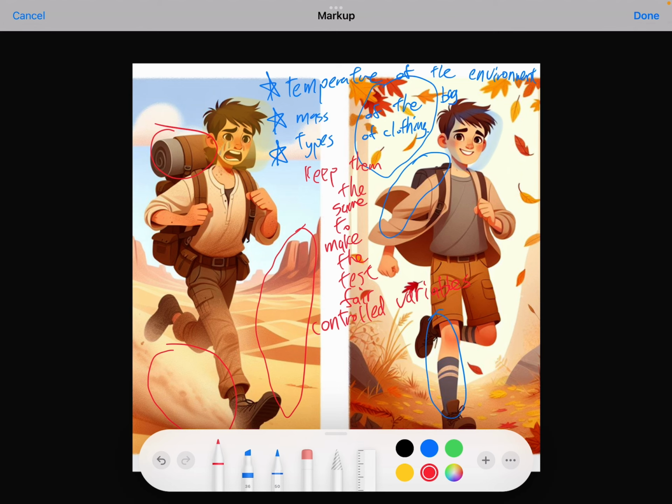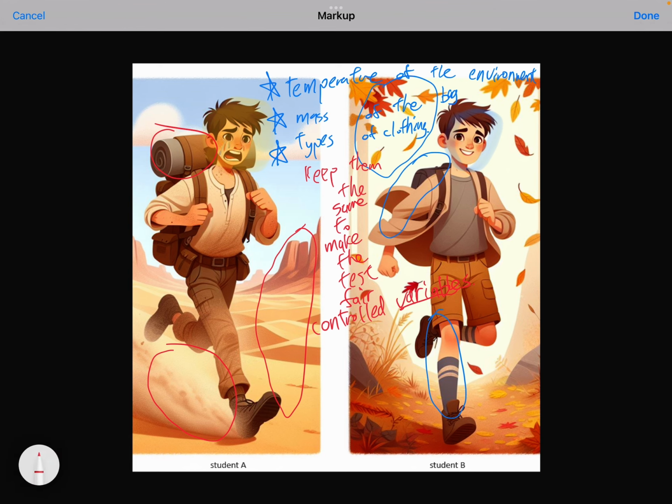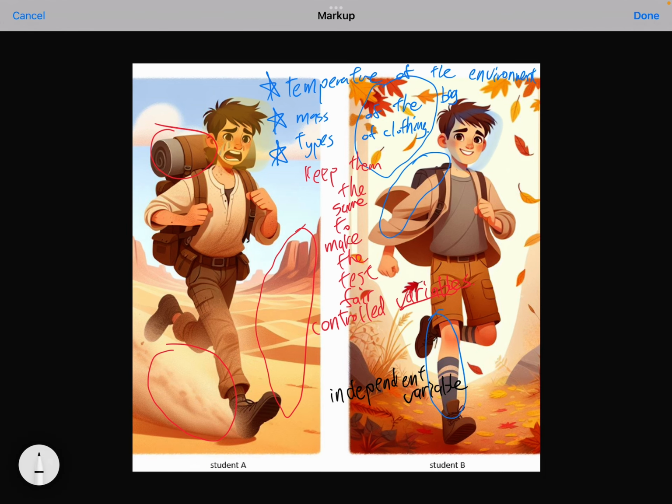Control means that the other variables we could change, but now I want to control them so they do not change, and only then is the running competition fair. There are totally three types of variable, and now I've talked about one, the control variable. The other two you have to think of are called, first, independent variable, and then the other one is called dependent variable.